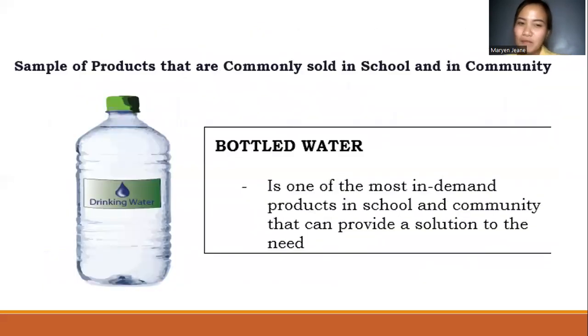Now, next part, I will show you the sample products that are commonly sold in school and in community. For example, bottled water. Bottled water is one of the most in-demand products in school and community that can provide a solution to the need. Yes, we really need water and we cannot survive without water. Of course, with your children, no?